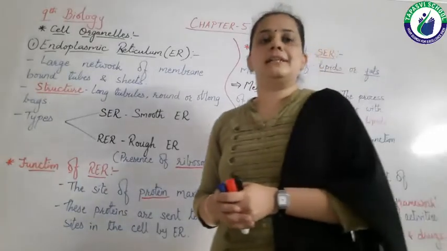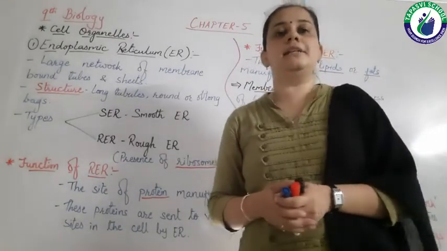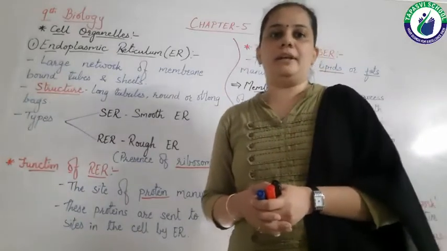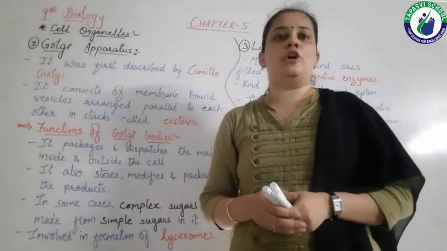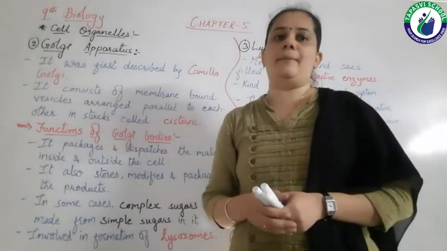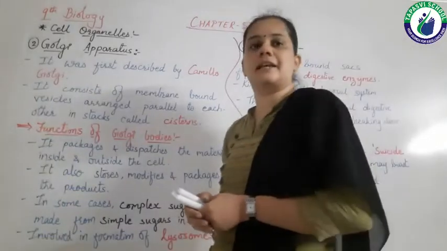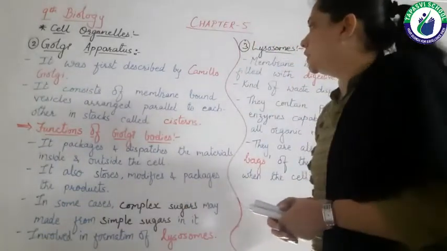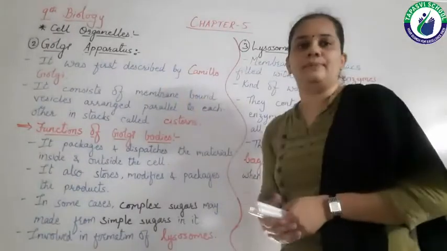Now let's study the next cell organelle, that is the Golgi apparatus. So the second cell organelle is the Golgi apparatus. It was first described by the scientist named Camillo Golgi.